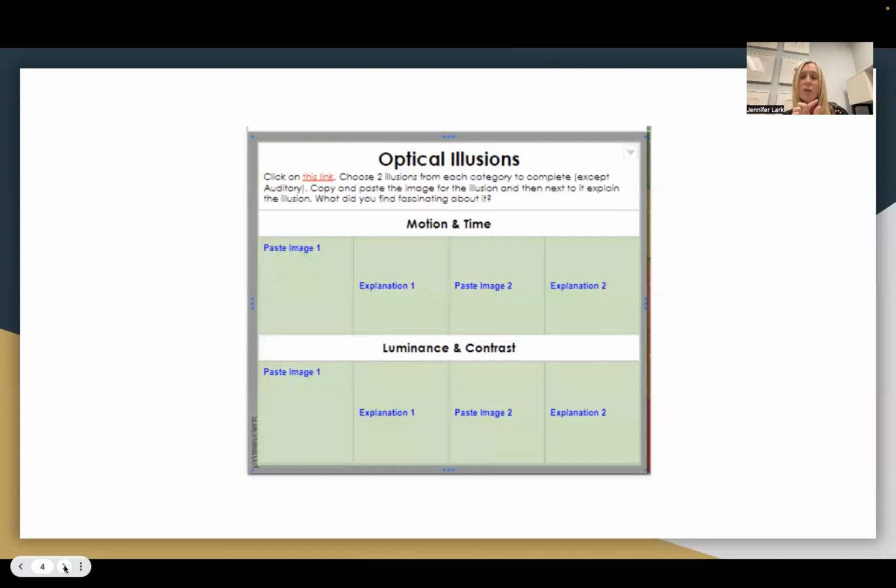Under each category, like motion and time, if you'd like to paste one image and give one explanation, that's perfectly acceptable. If you're really into this stuff and you would like to do both in each area, please feel free to do that as well. Pause the video, take a look, and interact with some of those optical illusions. Paste an image and provide a short explanation under each of those major categories. Have a fun time.